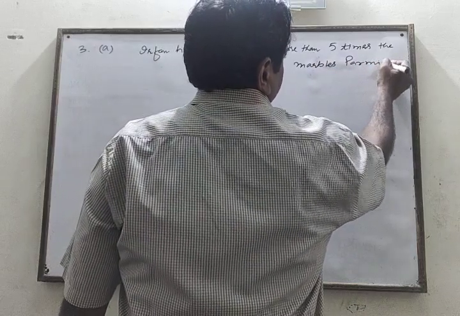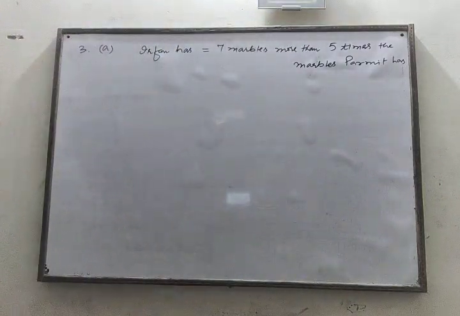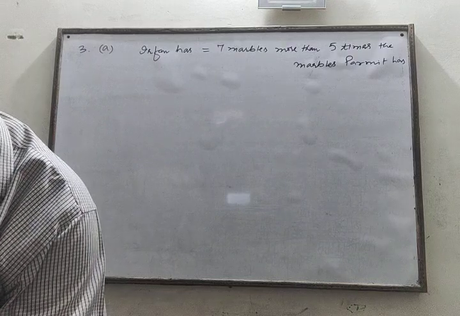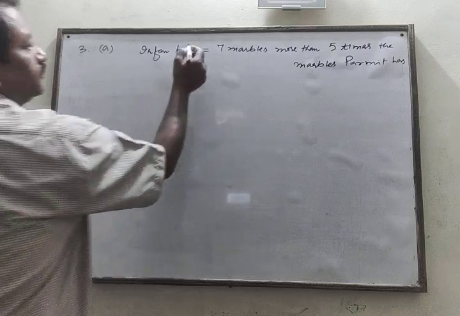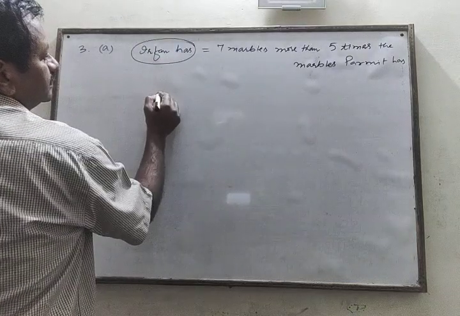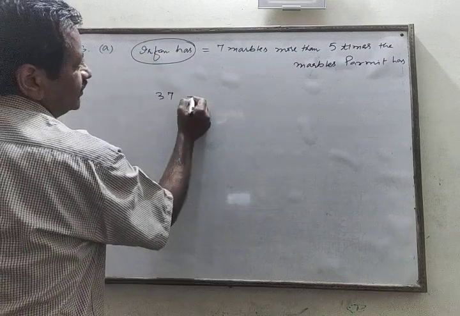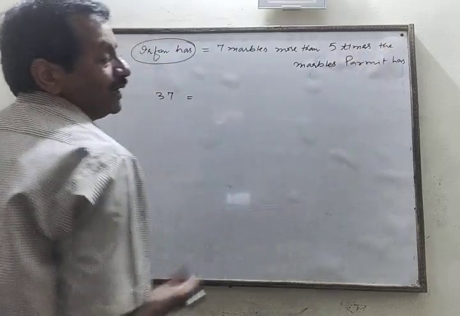So this is what the statement is telling us. Irfan has 37 marbles. So now it becomes 37 is equal to 7 marbles more than 5 times the marbles Parmeet has.